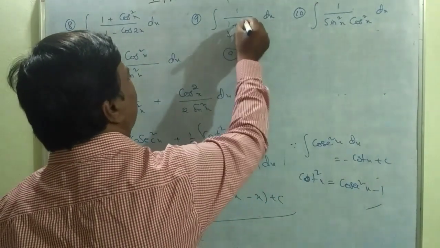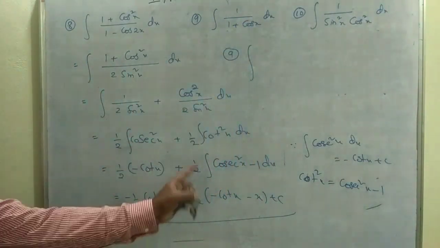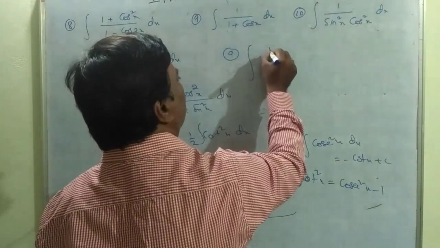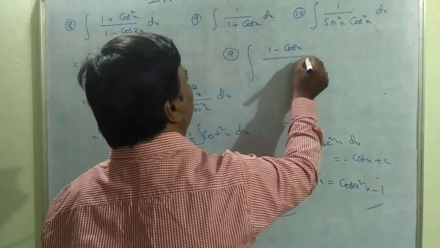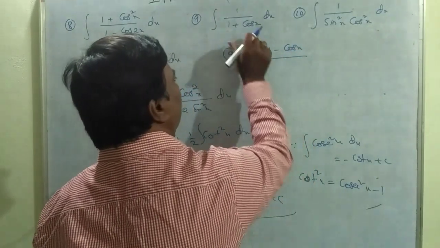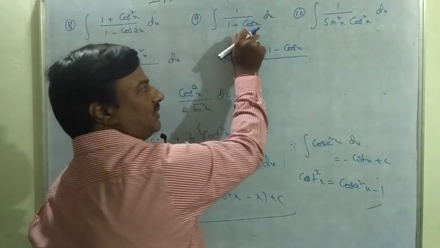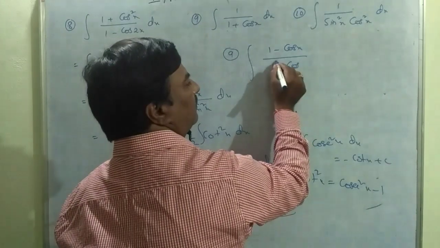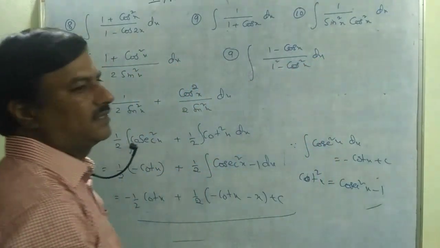The same way, the denominator we need to simplify to get into the addition terms form, that is, rationalize the denominator, multiply numerator and denominator with 1 minus cos x. 1 minus cos x into 1 plus cos x, a plus b into a minus b, a square minus b square, that is 1 square minus cos square x.